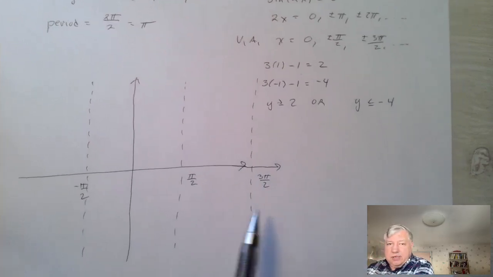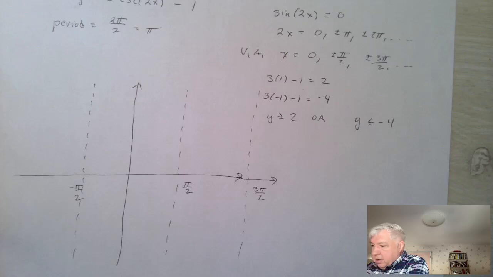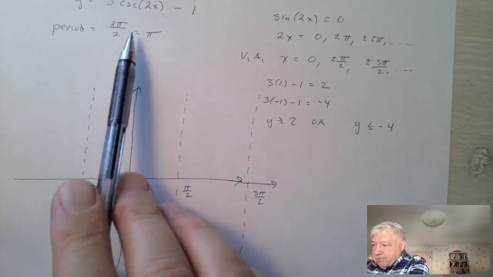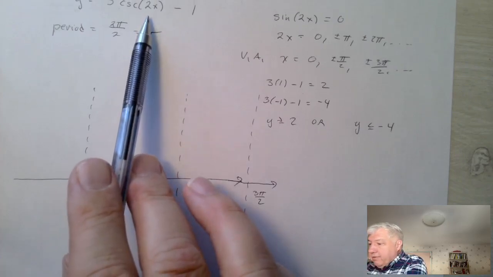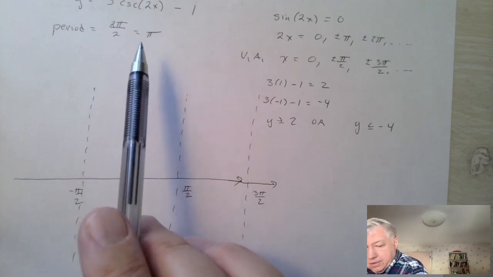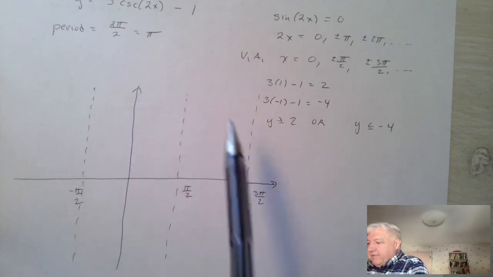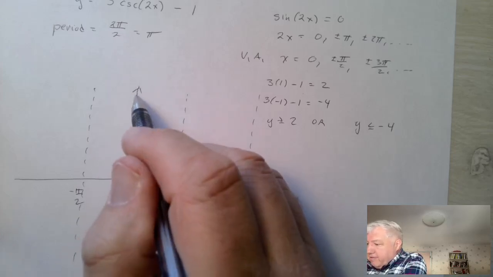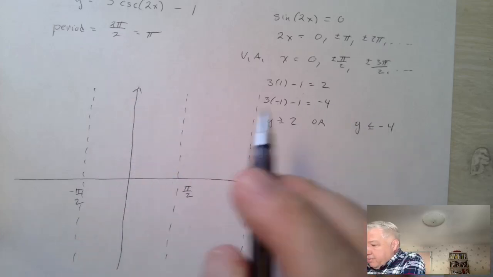Okay, this was not necessarily drawn to scale. So at 0, it's going to be undefined. So let's look at the vertical asymptote here.